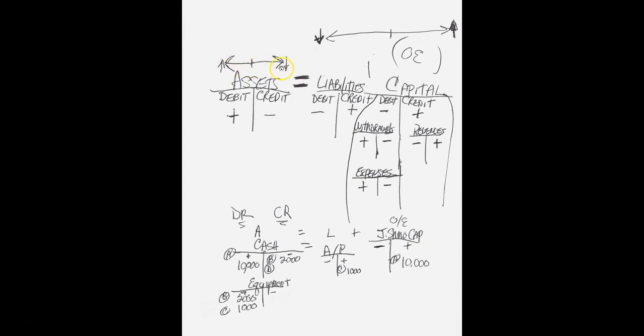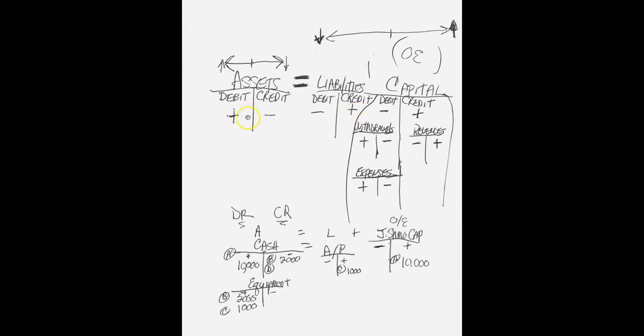With the arrow moving to the right, you see the assets going down. And I did a similar illustration over here. With the arrow moving to the left, with respect to liabilities and capital, you see the negative with the debit, and you see the positive with the credit. So you just have to commit these rules to memory.